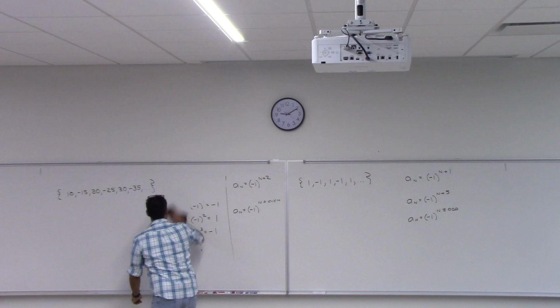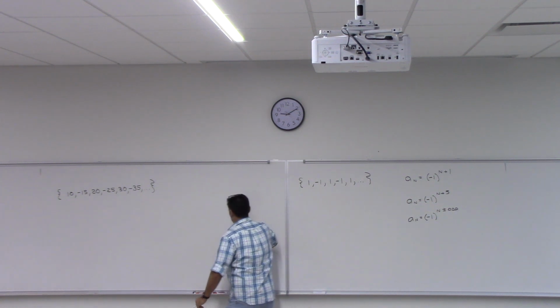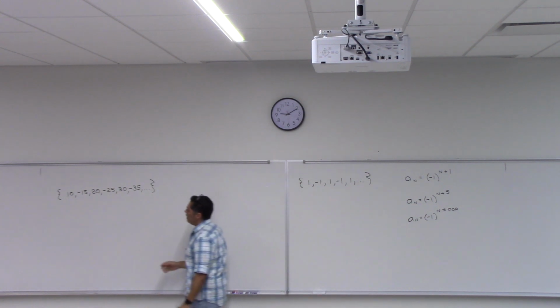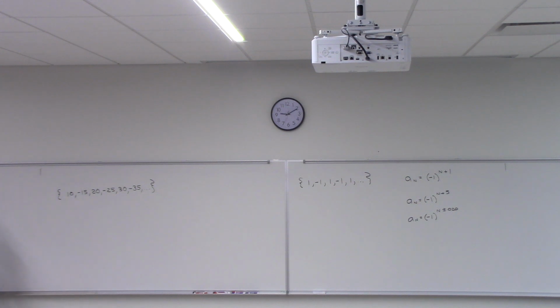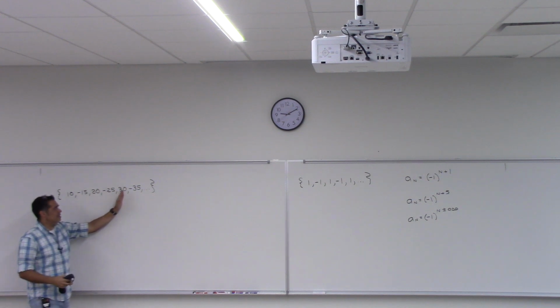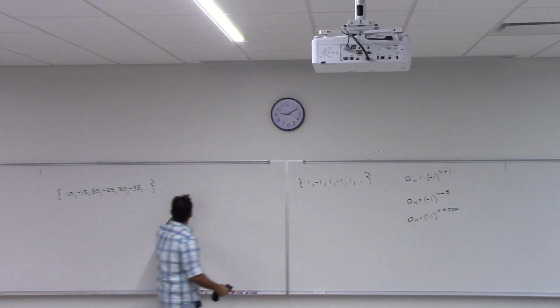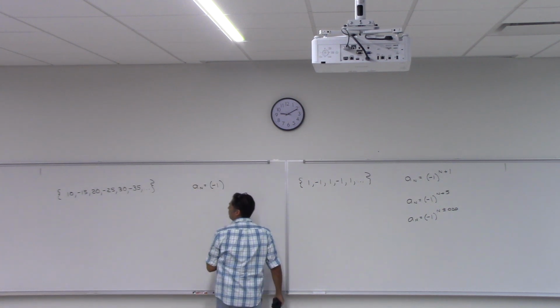The way I approach this is that I don't pay attention to the numbers as much as I first pay attention to whether or not I have something alternating. Do y'all see I have alternating? Positive, negative, positive, negative, positive, negative. So I can make that happen. To make that happen, what I'm going to do is take -1 and then raise it to a power.